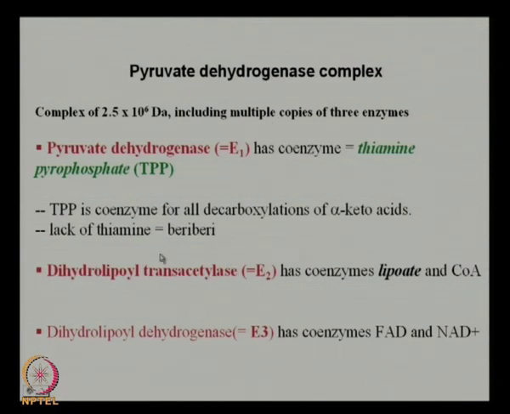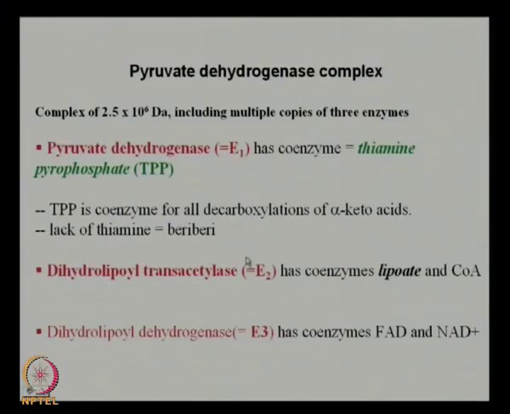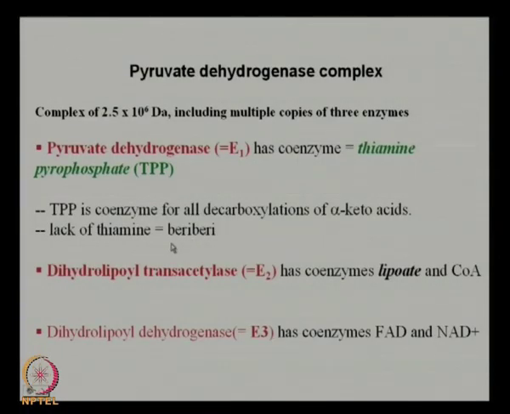Dihydrolipoyl transacetylase, if we consider this as E2, and dihydrolipoyl dehydrogenase, if we symbolize it as E3, we will find that this main core, which I have already discussed with you, the pyruvate dehydrogenase core moieties, has E1, E2 and E3 as the 3 components participating in this reaction.